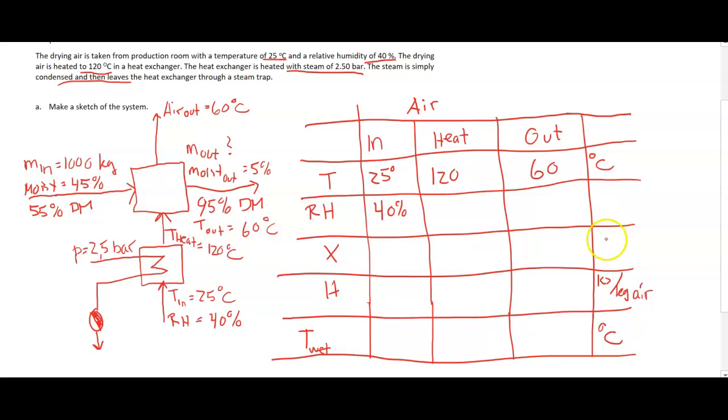The absolute moisture is grams water per kilo of air. Humidity is in percentage. So all the cells here in the table that are not filled can be calculated from the molecular diagram, which I will show in the next video.